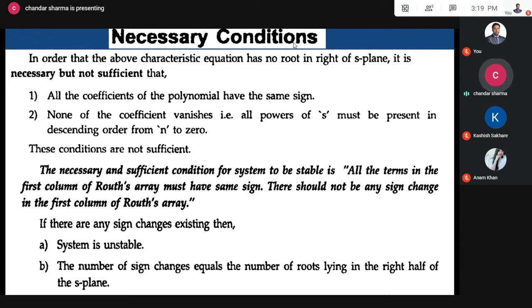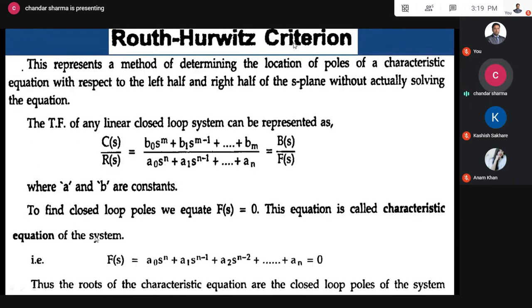First is the necessary but not sufficient condition for the system stability: all the coefficients, that is a0, a1, a2 up to an, must have the same sign. And none of the coefficients should have zero value.